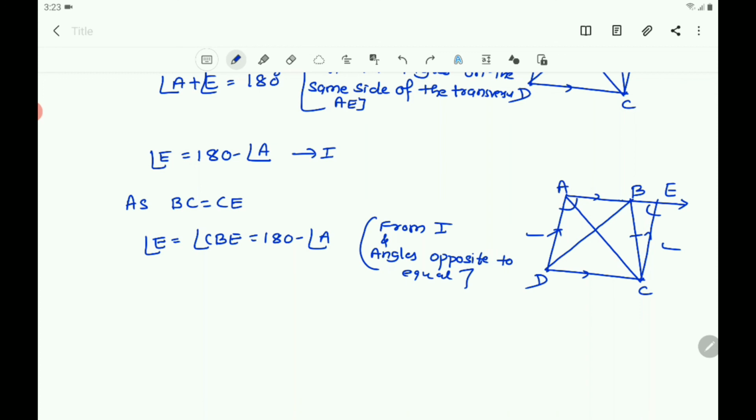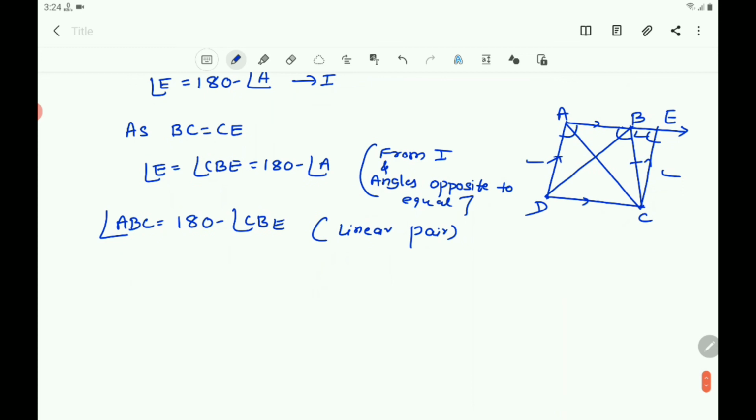So you take angle ABC. You know that angle ABC equals 180 minus angle CBE. There is a linear pair. Here this angle is 180 minus this angle. So there is a linear pair. You can write that linear pair.